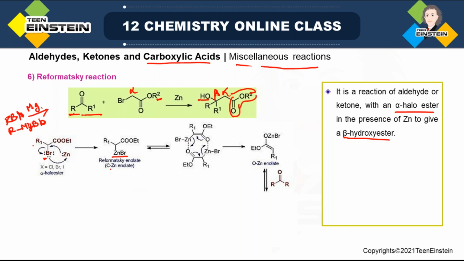Now here it is mentioned Reformatsky enolate, and in bracket written carbon Zn enolate. Now what is enolate? Enolate is enol, C=C double bond, and then there is OH. But if instead of OH there is negative charge, now it is called enolate. Fine.